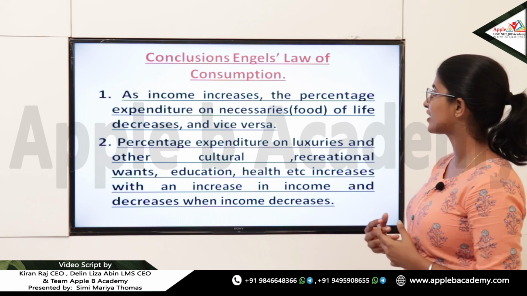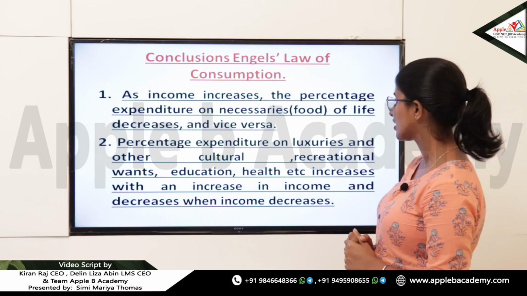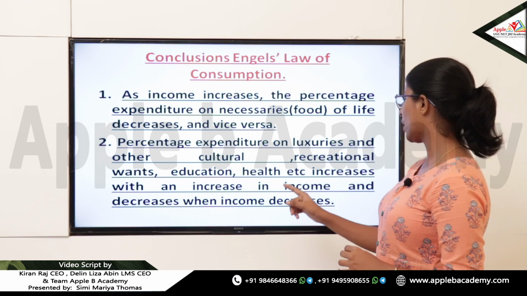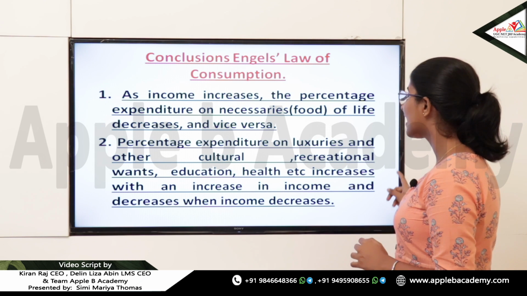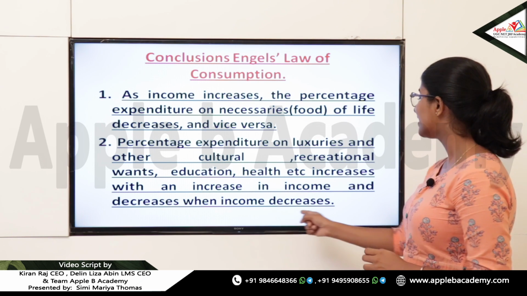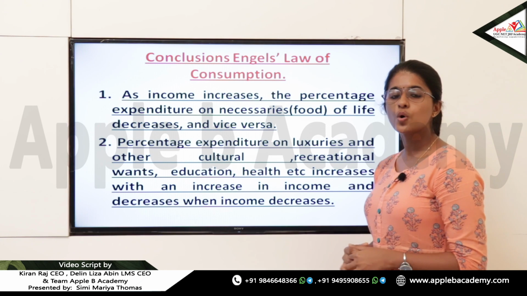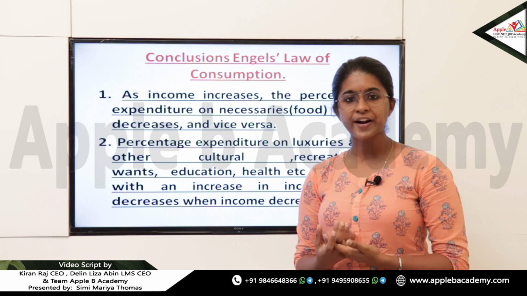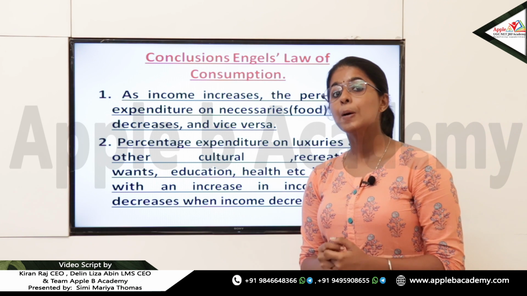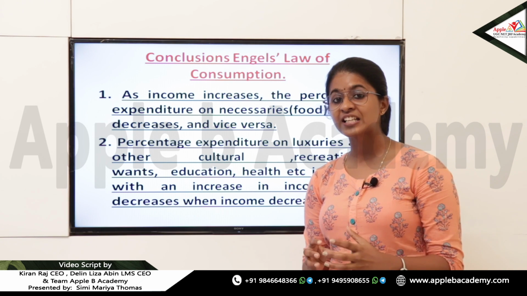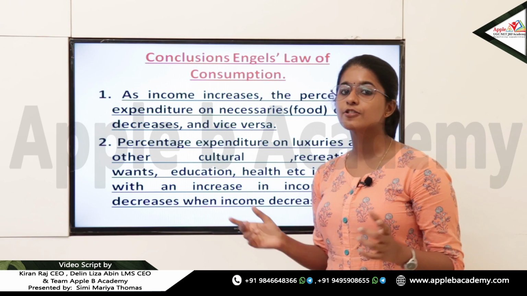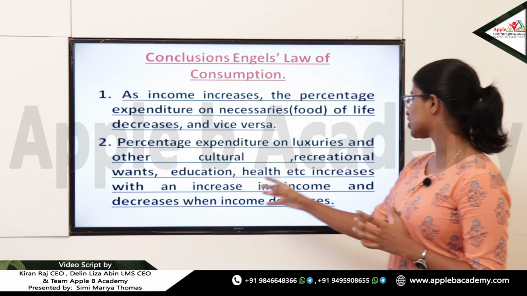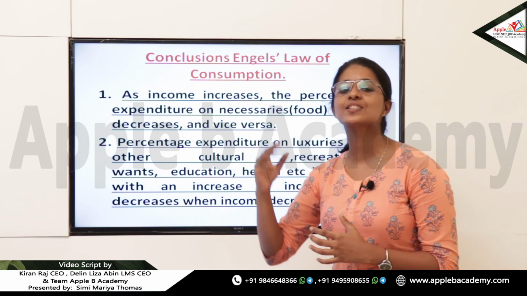The other conclusion that can be drawn from Engel's law of consumption is that the percentage expenditure on luxuries and other cultural and recreational wants, education, health, etc. increases with an increase in income and decreases when income decreases. We said Engel's law states that the percentage allotted for food products decreases with an income increase, but the percentage of income allotted for luxury goods or other goods such as recreation, education, health, etc. increases with an increase in income.